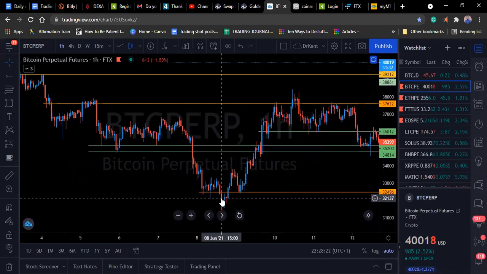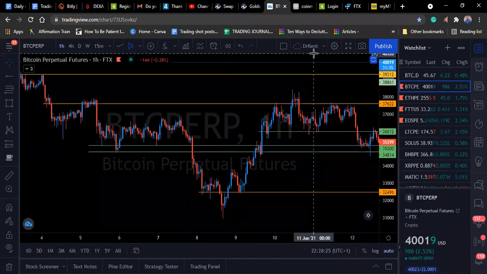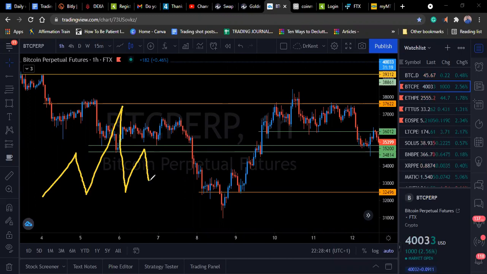This is an inverse head and shoulders. It's called inverse because it's the opposite of the head and shoulders. Head and shoulders is like this: you have your neck, first leg, come down, up, down, up, down. This is your shoulders. Then the inverse head and shoulders is the other way.